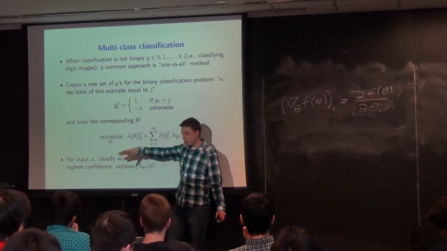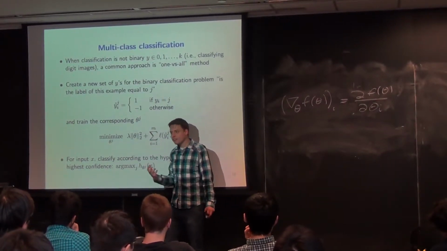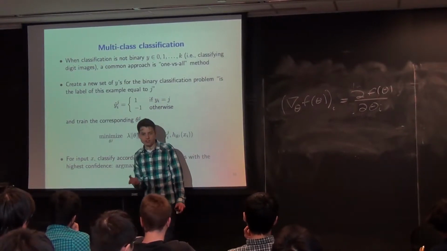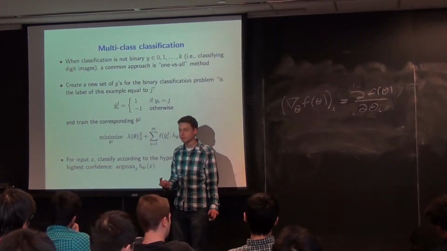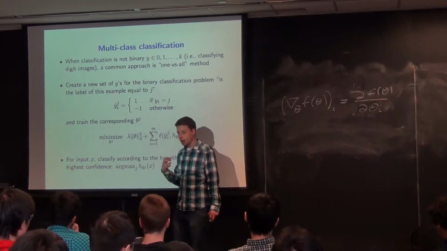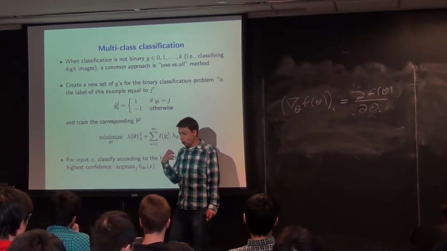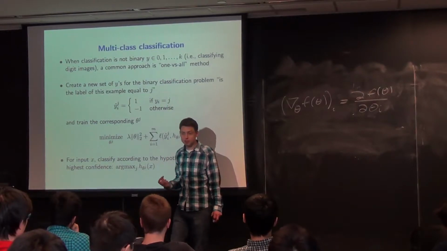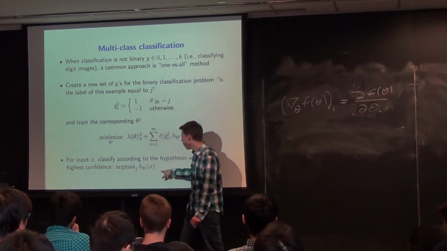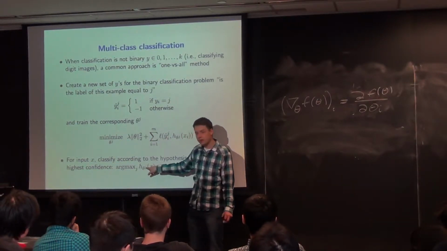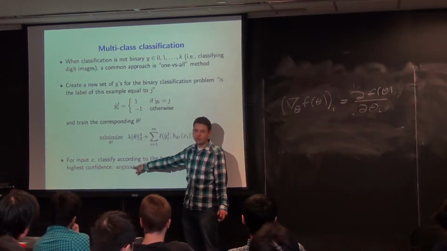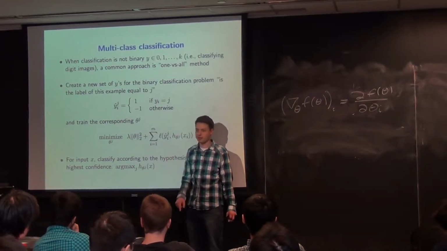And then when you have a new input, you classify it according to whichever hypothesis is most certain on that example. This is one of the benefits of using hypotheses that are continuous valued rather than just discrete. They can also give you a confidence level, essentially. And so you just look at all these h of all the thetas and pick the one that's the biggest. And that's the class.